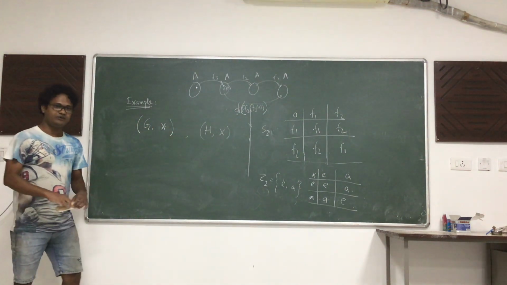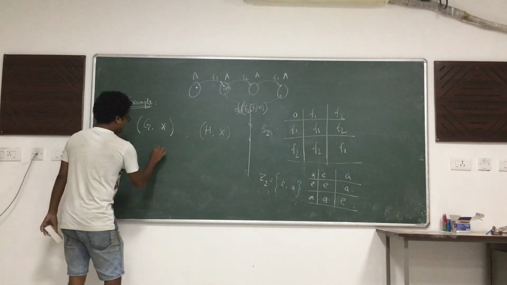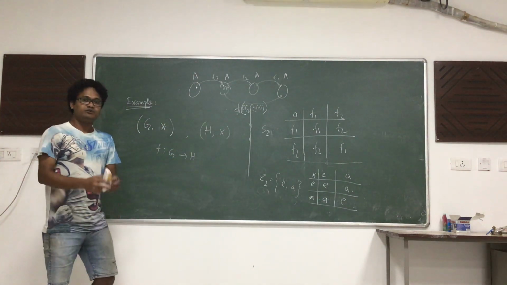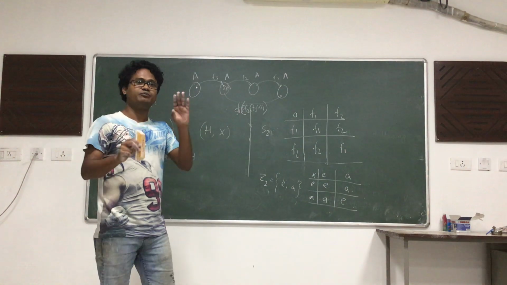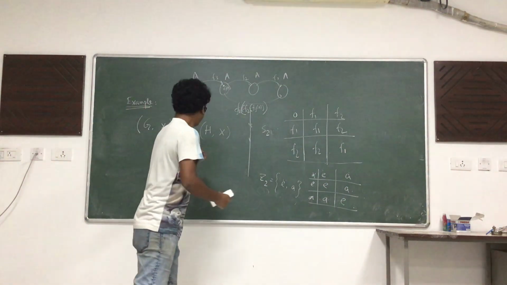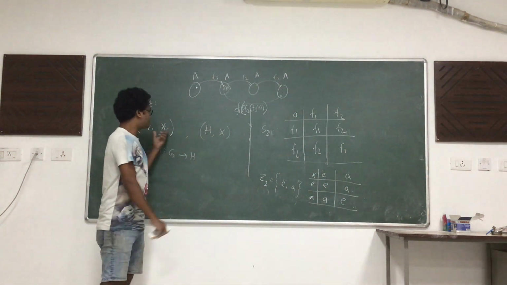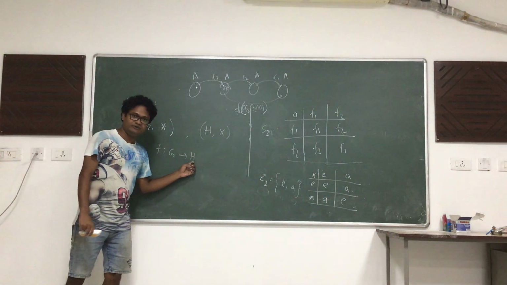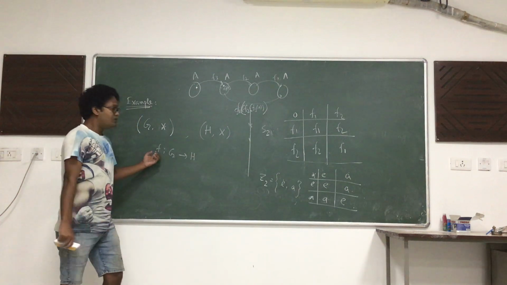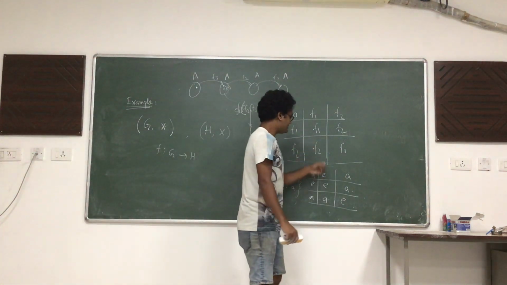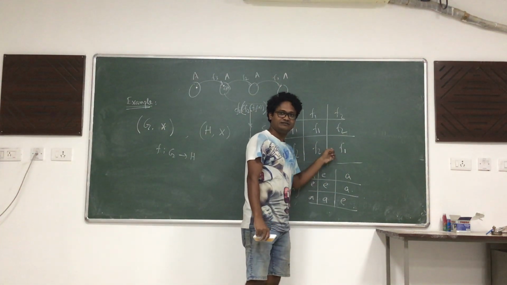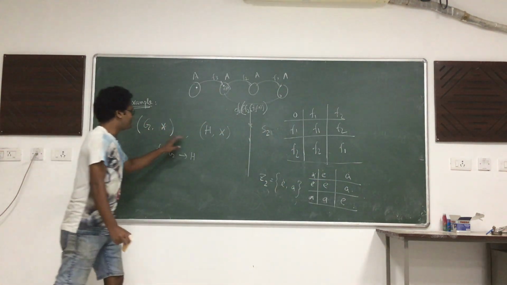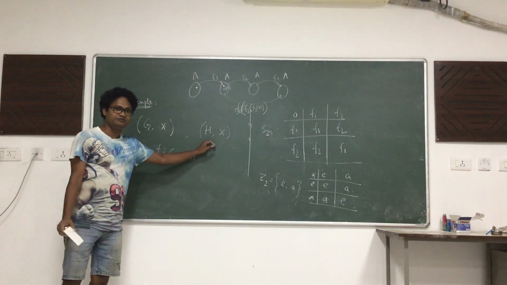Only defining a function from G to H is not sufficient in order to compare these two groups or say they have the same properties. A simple function will not do the job. This function also has to preserve some kind of structure. Then only we can say something.